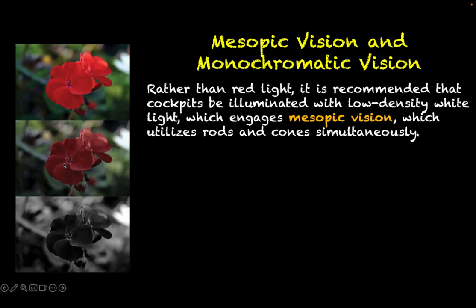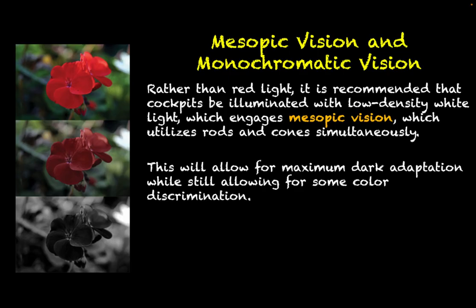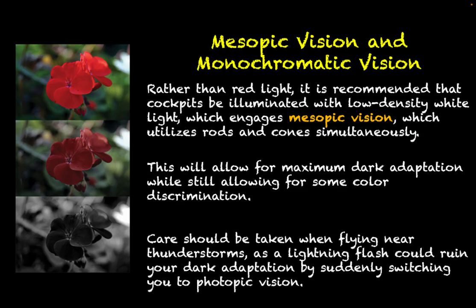But with mesopic vision, you can still see the object and make out a little bit of color, but you're not making out as much color because there's not really enough light to fully engage those cone photoreceptors, but there is enough light to engage your rod photoreceptors to fill in some of the details that you would otherwise be missing. So this practice of using the low-density white light in the cockpit will allow for maximum dark adaptation while still allowing for some color discrimination.